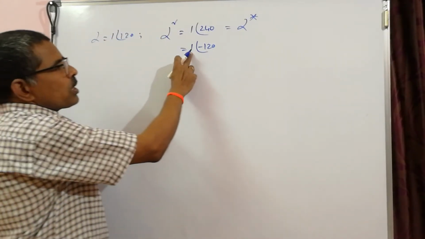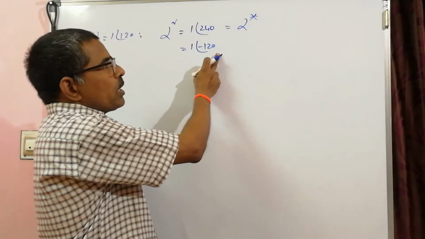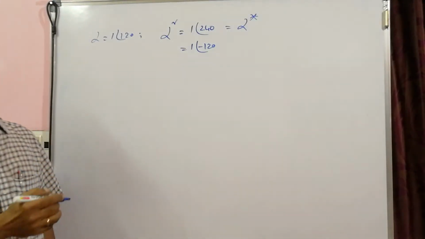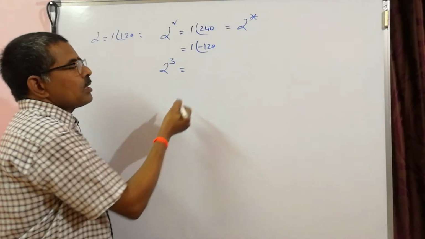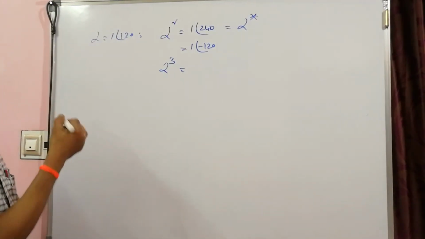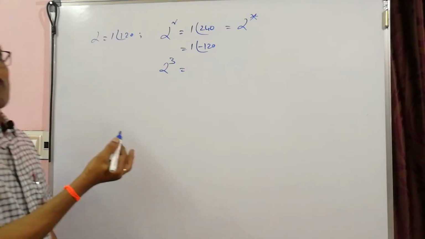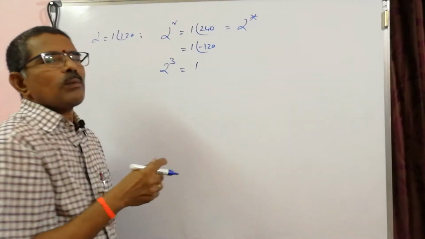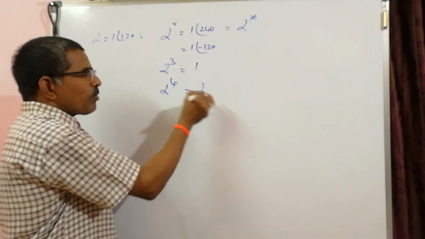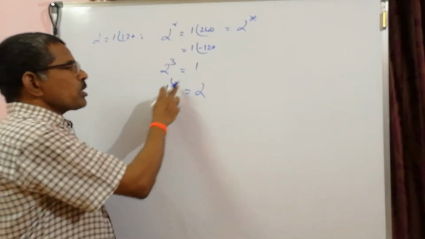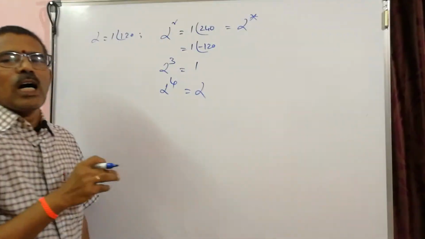So, alpha square becomes 1 angle minus 120. So, it is nothing but alpha conjugate. What is alpha cube? Alpha cube is alpha square into alpha, that is alpha conjugate into alpha, which is going to be 1. Alpha cube is 1. Alpha power 4 is alpha cube into alpha, which is alpha.